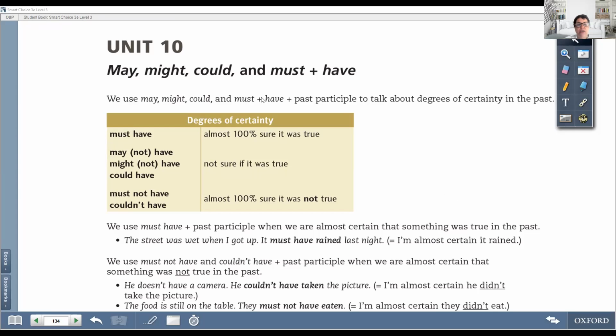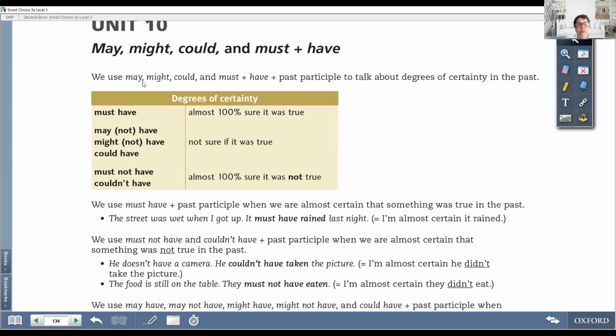Okay, good. So here we have a brief explanation on the same topic, right? May, might, could, and must plus have, when I talk about deductions in the past. So we use may, might, could, and must plus have plus past participle to talk about degrees of certainty in the past.